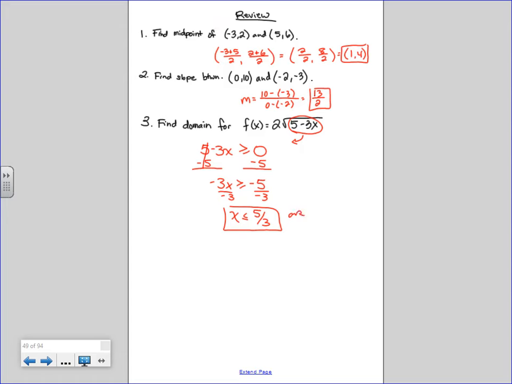Interval notation. Oh, that's the brackets and stuff. Okay, so you know it has to be greater than or equal to 5/3. So it starts at 5/3. What's on the left? What's on the right? Oh, it's 5/3.